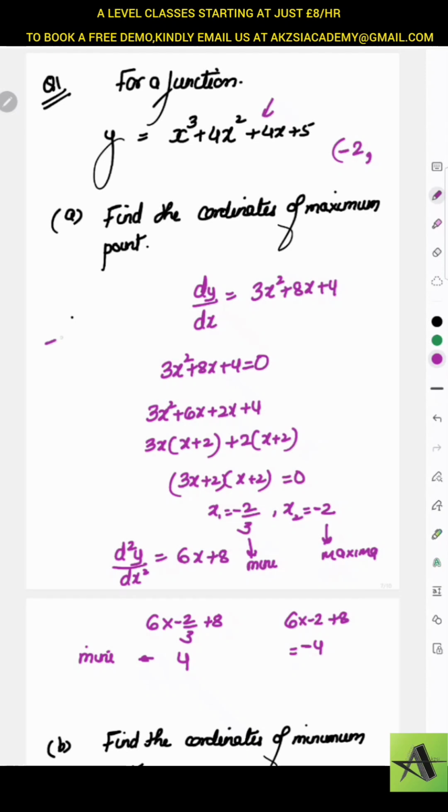That will give me -8 plus 16 minus 8 plus 5, and that will give me 5. So the coordinates of the maximum point are (-2, 5).